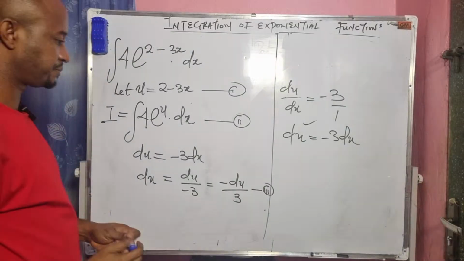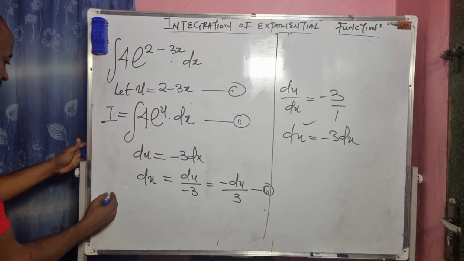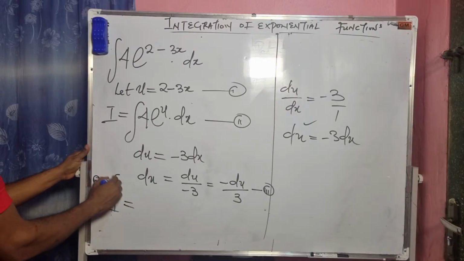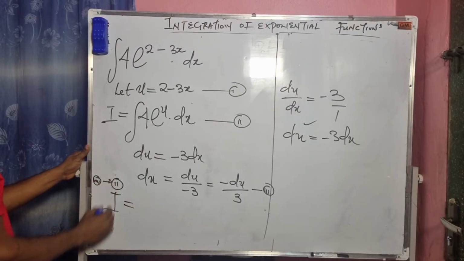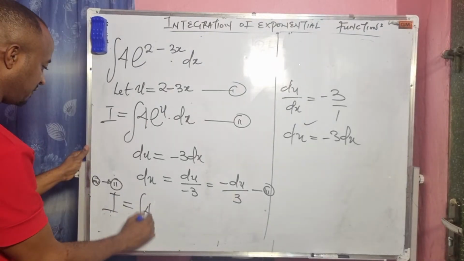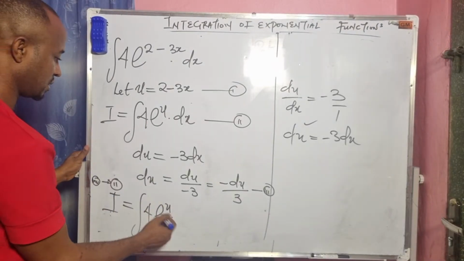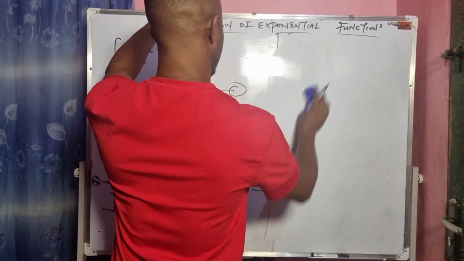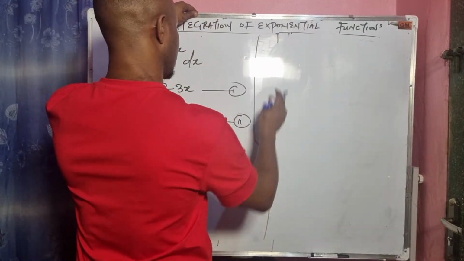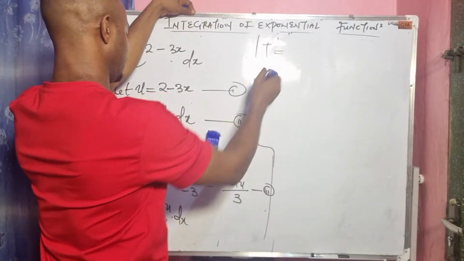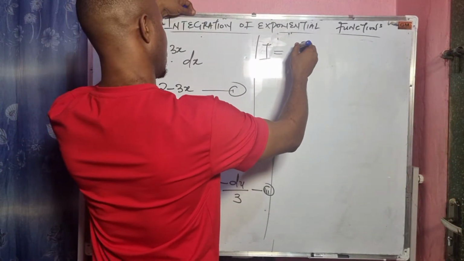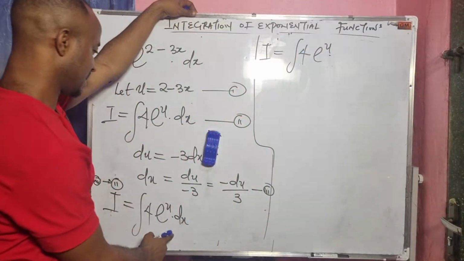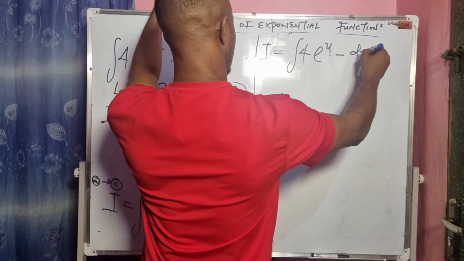We know what to do now. We have to put equation 3 into equation 2. That says that I equals the integral of 4e^u dx, where dx is minus du over 3.